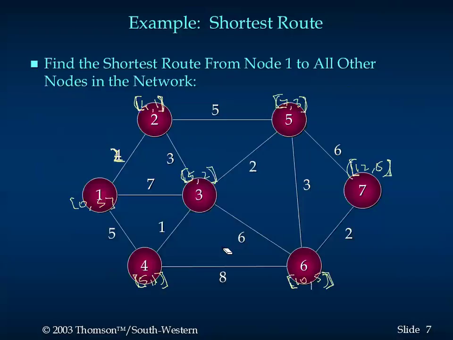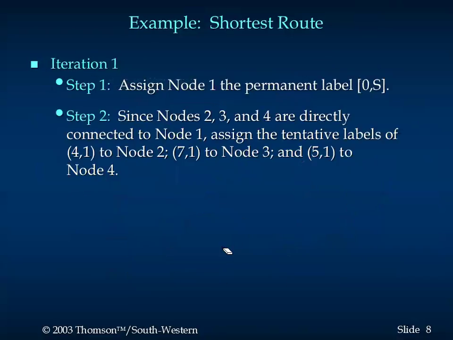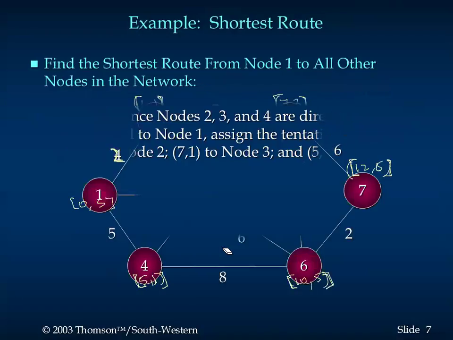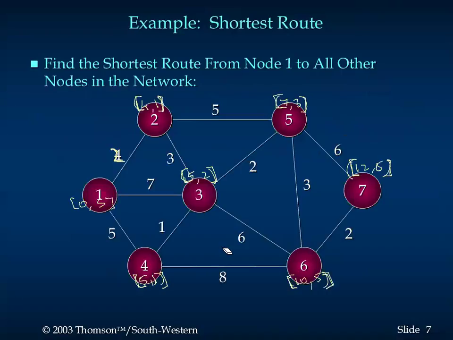Now amongst these, which one is least? 4, 1. So node 2 now becomes 4, 1.